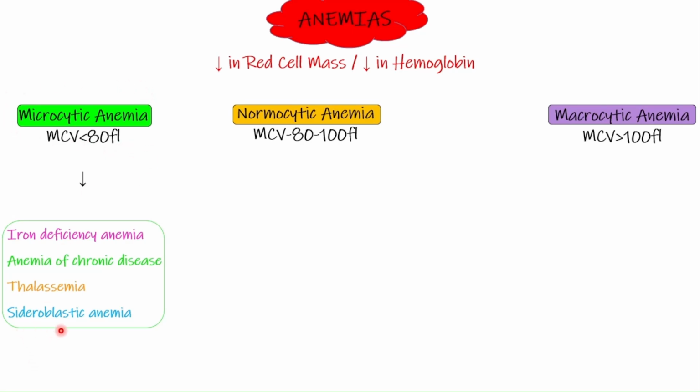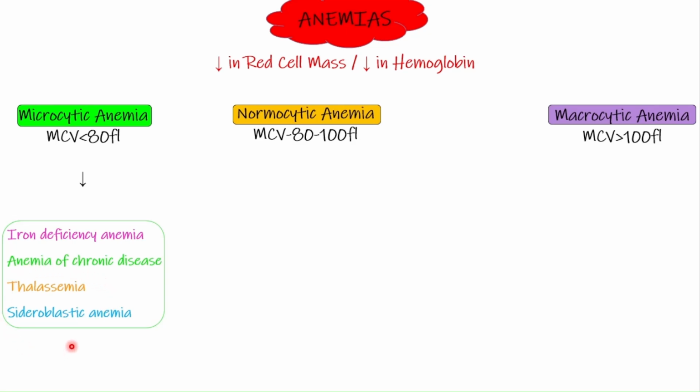Then we have sideroblastic anemia. In sideroblastic anemia, basically there is a defect of iron addition to the hemoglobin. What happens here is that the iron starts to accumulate in the mitochondria, and those mitochondria filled with iron accumulate around the nucleus in the RBCs.